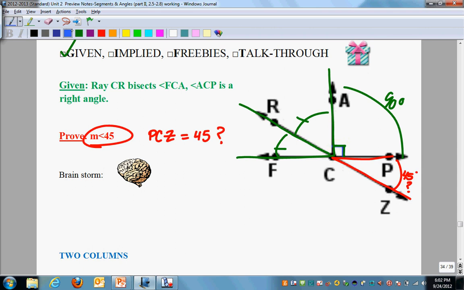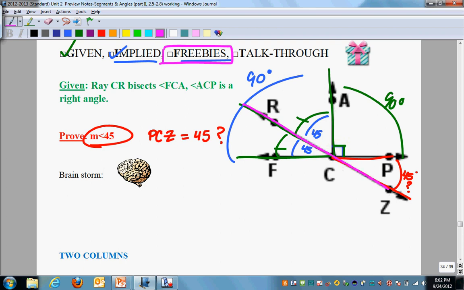Okay, let's brainstorm. Implied and freebies. Well, it's implied that if you have a bisector, these two guys are equal. And if it's 90 over here, you also have 90 over here. So we just slice 90 in half, and we get 45 and 45. Freebies, things that are true, even if they're not in the given. Can you trace RZ, please? Now trace FP.